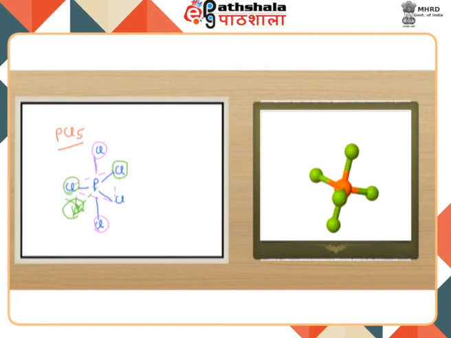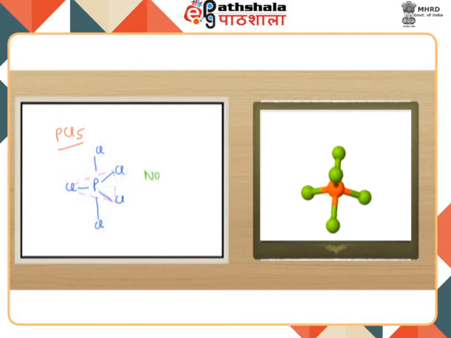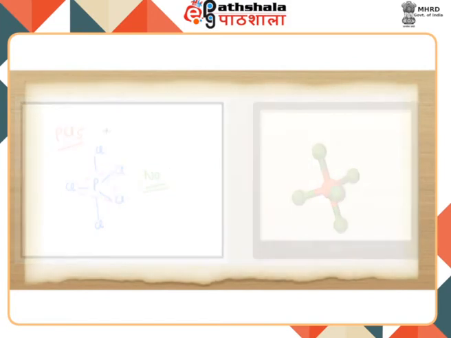Similarly, for this chlorine, there should have been another chlorine here, and for this chlorine, there should have been another chlorine here, and all this is not true. And what we notice is that in this type of trigonal bipyramid molecule like PCl5, there is no symmetry element or point of symmetry.